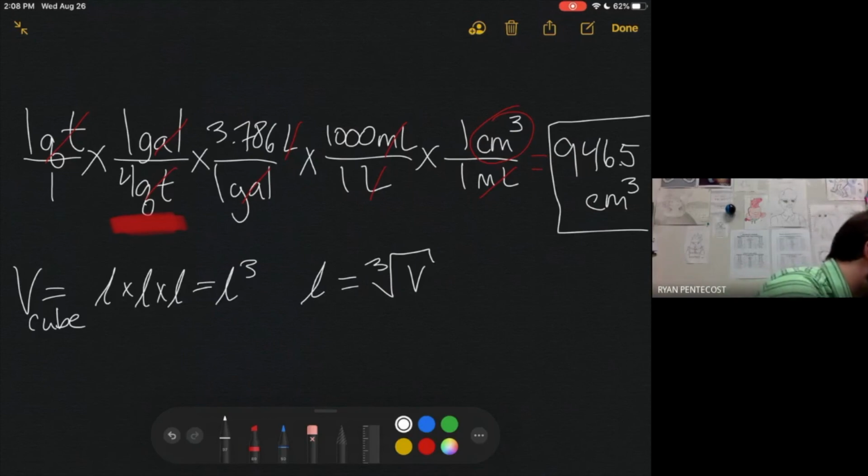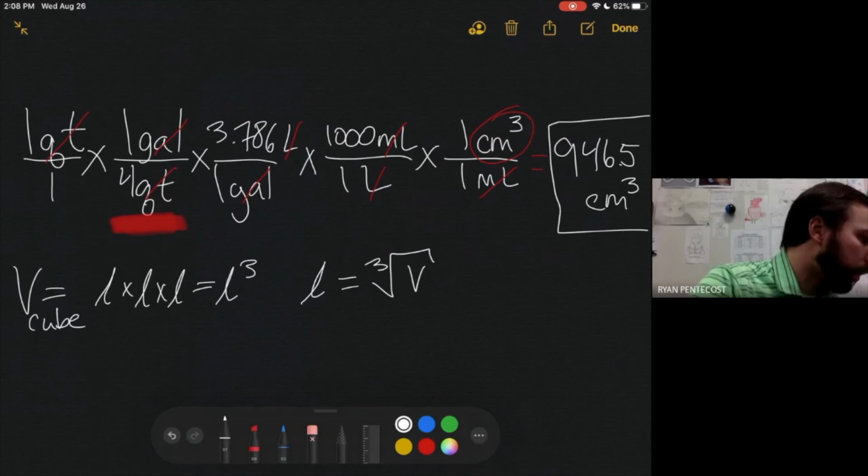So if we take the cube root of 946.5, then I got 9.82.